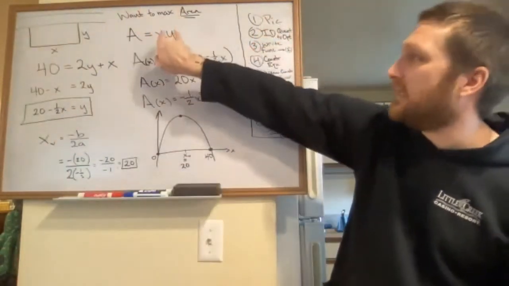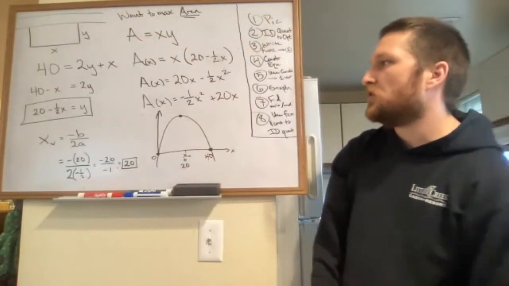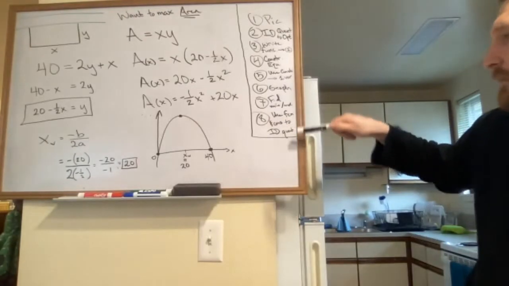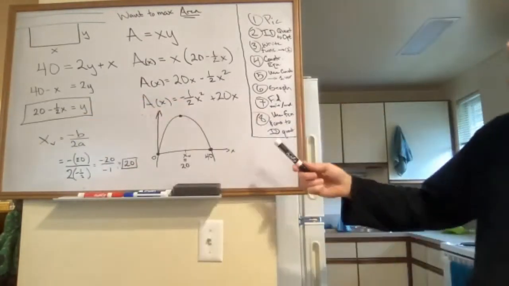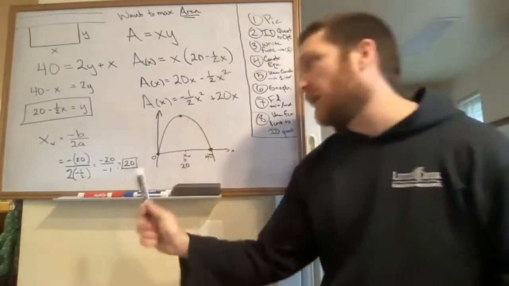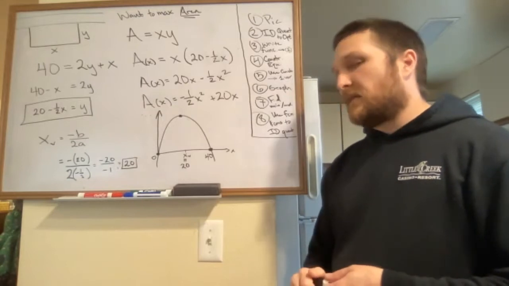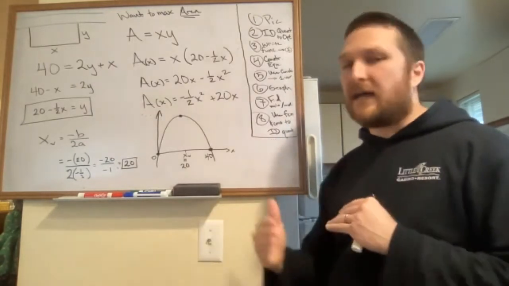And finally, then we're going to find what X times Y is. So that's what I mean by step number 8. Use the function and the constraint to ID all the quantities. Now, one of the quantities, yes, is area, and that's all they ask for in the problem. But why don't we just go ahead and knock it out?